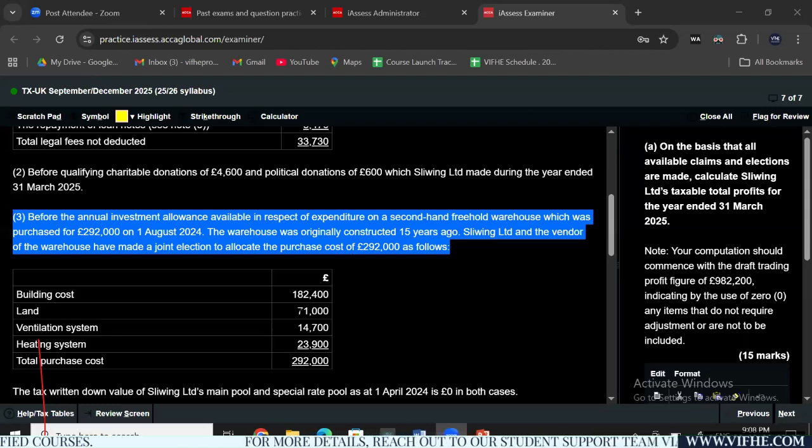The building is costing £182,400. The land is costing £71,000. Then the ventilation system and the heating system are costing £14,700 and £23,900 respectively. So that is how the total purchase cost is of £292,000.